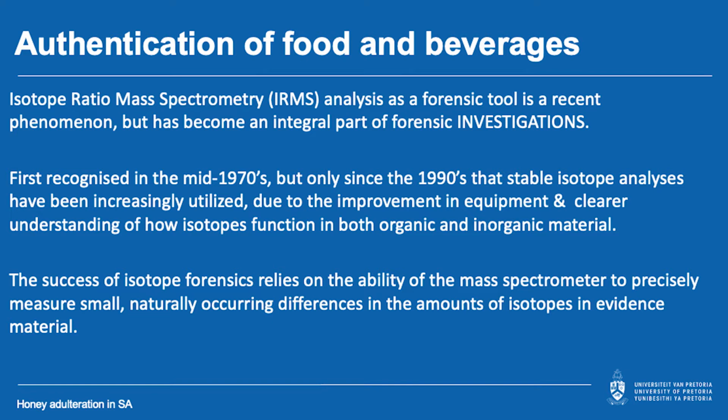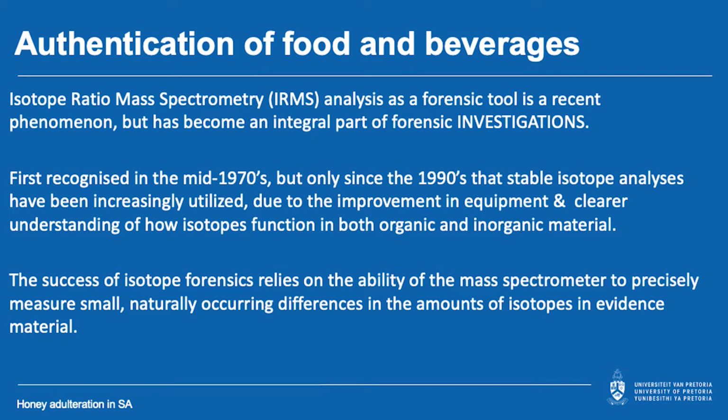This was first recognized in the 1970s, but it's only since the 1990s that stable isotope analysis has been increasingly used in this field. This is largely due to the improvement in equipment, and a better understanding of how isotopes work in nature and how they are affected both in organic and inorganic materials.